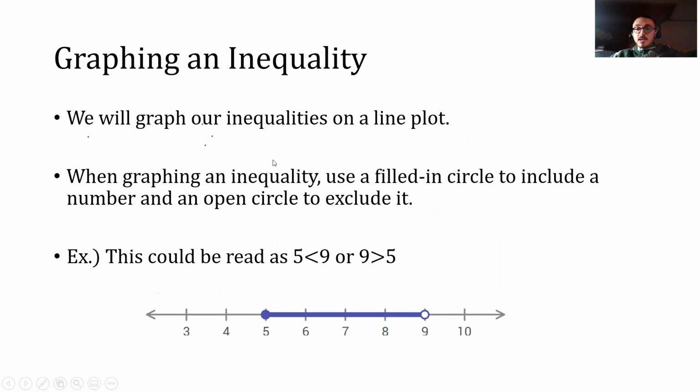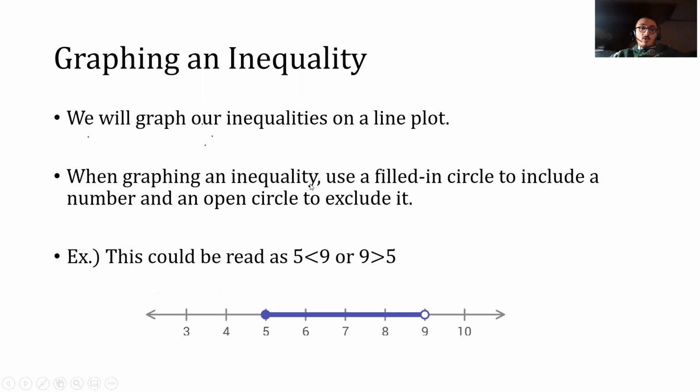Now, when I say include a number, what I want you to think of is the greater than or equal to number. So we're going to use a filled in circle to reference the greater than or equal to inequality symbol. So that is the symbol that has the little line underneath it.